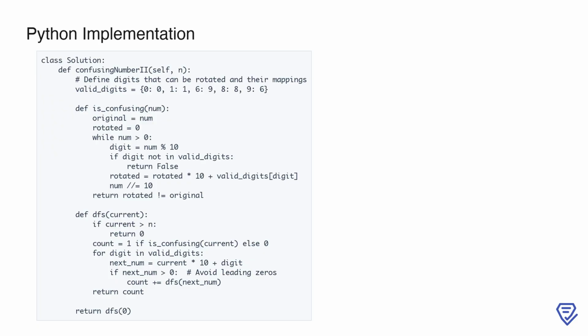For each number generated, the DFS function checks whether it is confusing using is_confusing, and if so, increments the count. This count is then accumulated across recursive calls. Finally, the DFS function is called with the initial value of 0, and the total count of confusing numbers up to n is returned as the result. This approach ensures that all valid numbers are considered, and only those that are confusing are counted.